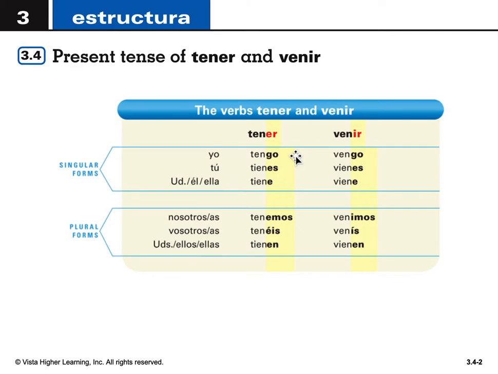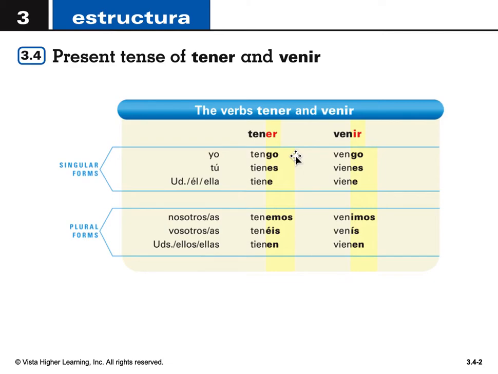Okay? Venir, IR verb. And so really these work much like the ER and IR verbs that we learned earlier in this lesson as far as how the endings go, besides that yo form. So we learn these two together because they're almost identical. Tener, the yo form is tengo. Venir, the yo form is vengo.